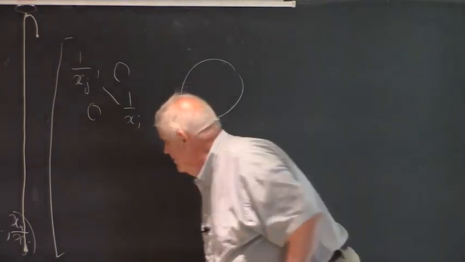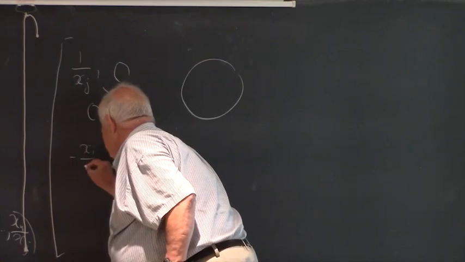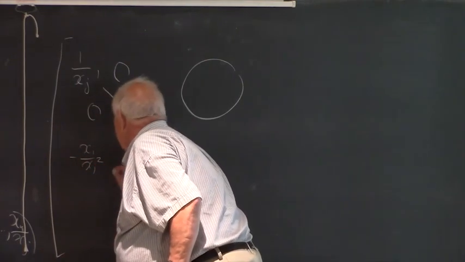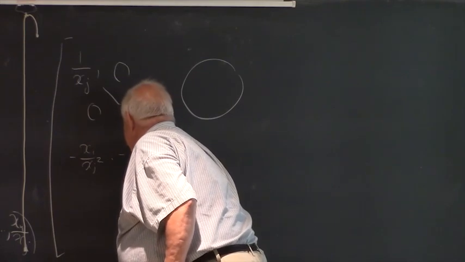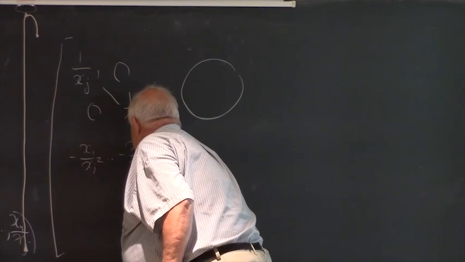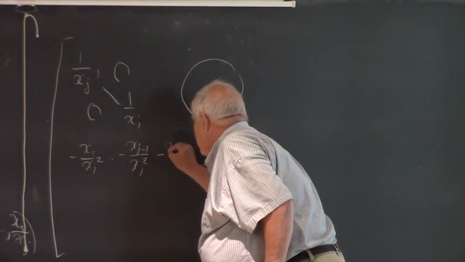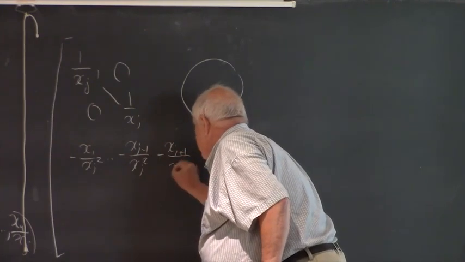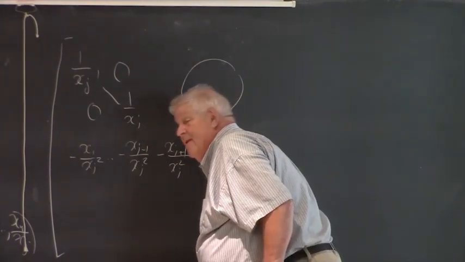This will be minus x1 over xj squared, up to minus x_{j-1} over xj squared. Then next, minus x_{j+1} over xj squared. This is the column number j.